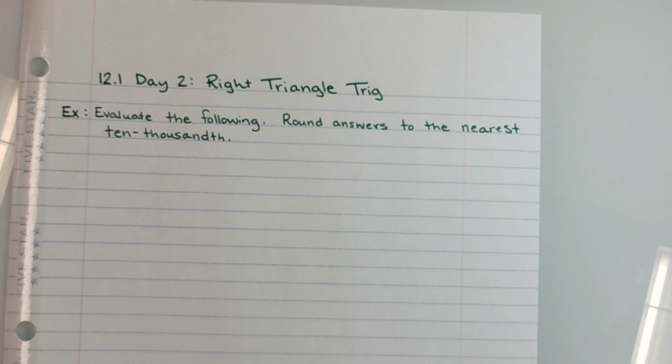But before we actually get into it, let's talk about rounding real quick. How many decimal places to the nearest 10,000? Heard 3 different numbers. I heard 4, I heard 3, and I heard 7.